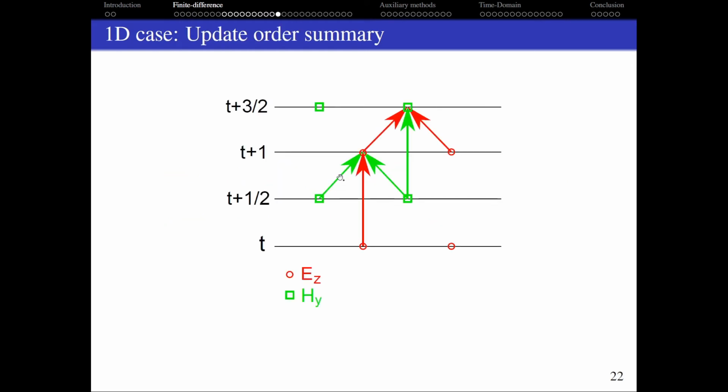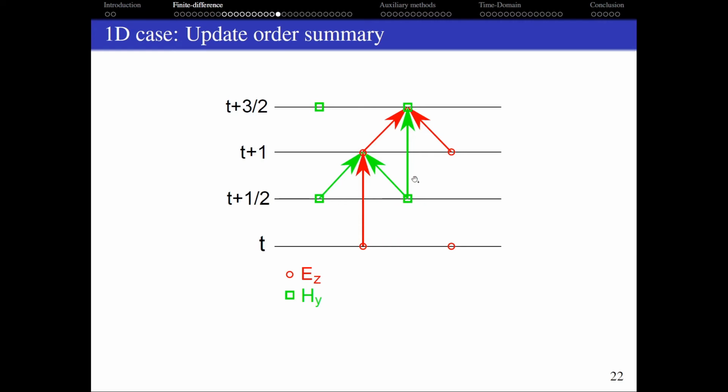To summarize what happened, let's say we are at time t, and we have the E field at the right circle there, and we want to know the E field at time t plus 1. That means we will require the value of the H field on the left and on the right at t plus 1/2.